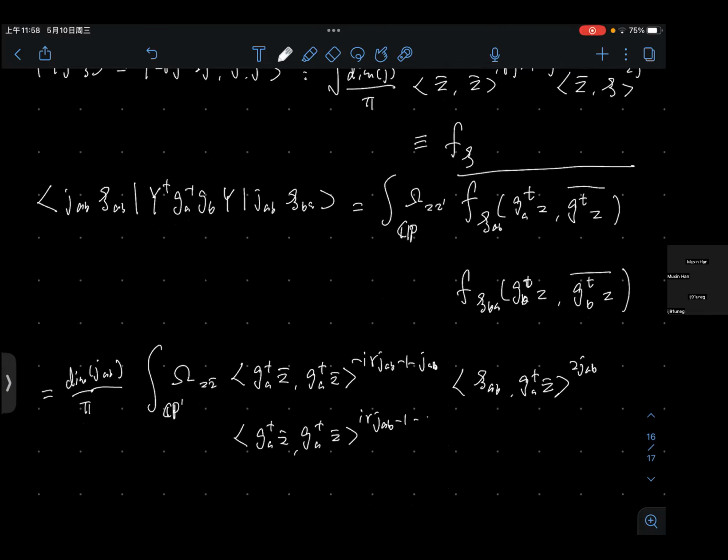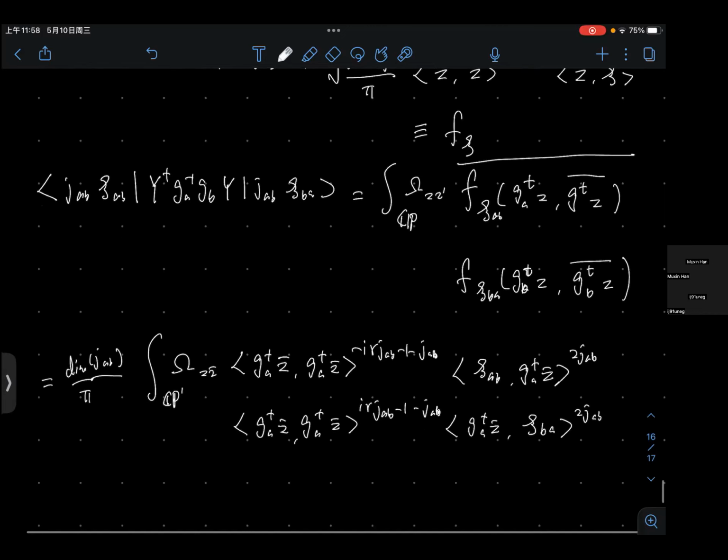Sorry for so many indices. It's actually not that complicated. All right. So now you see you got really an explicit expression for the amplitude, at least for the inner product in the amplitude.